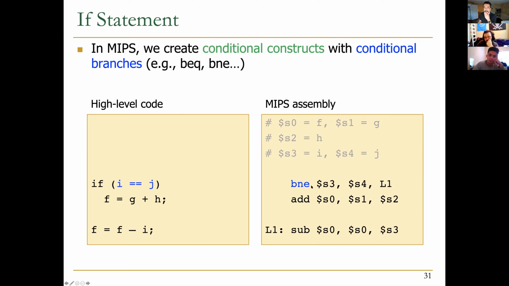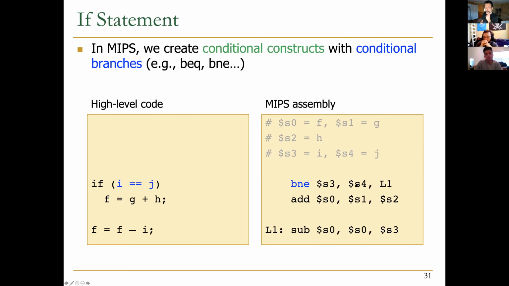And we have this construct in MIPS. We have something like branch not equal. We have different constructs for branching in MIPS, which you already know. In this case, branch not equal is an instruction checking two register values. We wanted to check i and j, and we decided these register values to be S3 and S4.